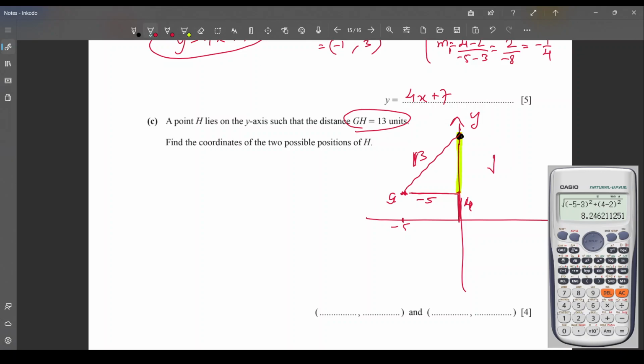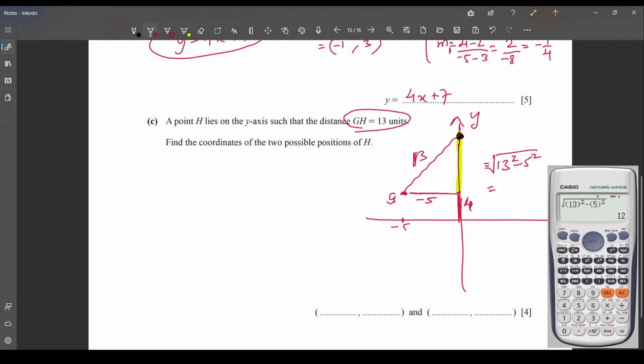So Pythagoras theorem gives the square root of 13 squared minus 5 squared. So square root of 13 squared minus 5 squared, we can do it, and we got the answer as 12.